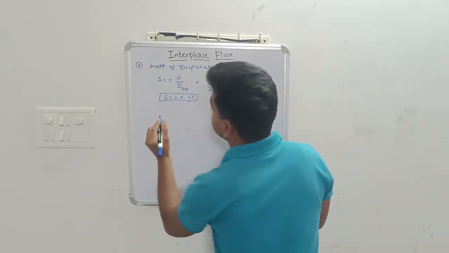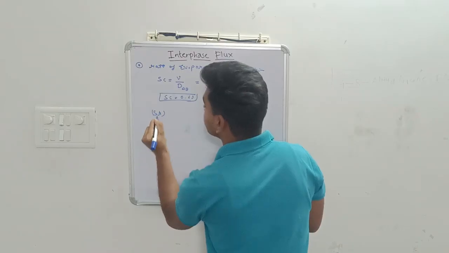Now we have the Chilton-Colburn analogy for heat and mass transfer.